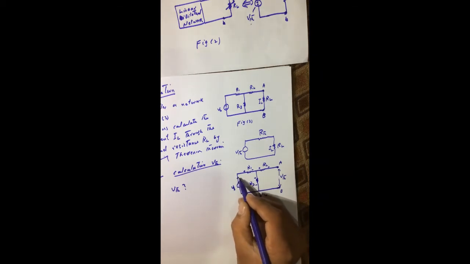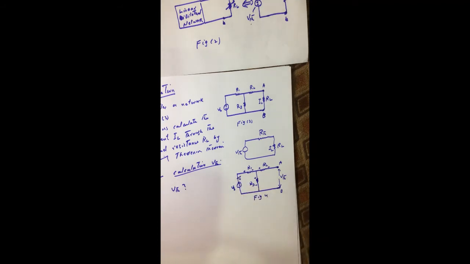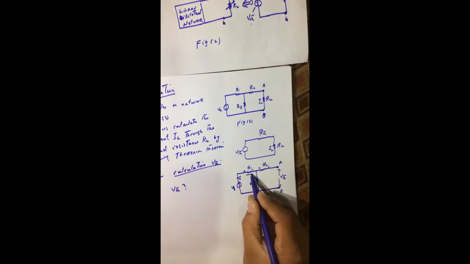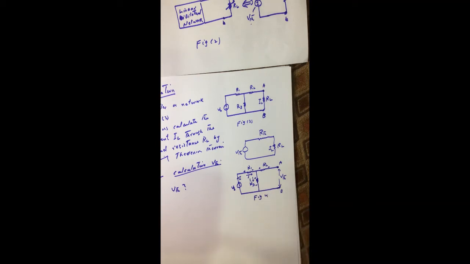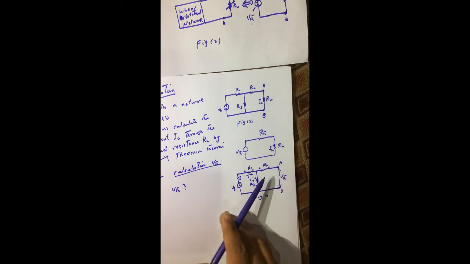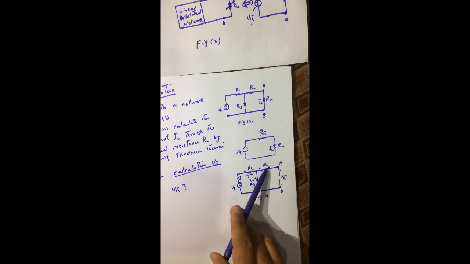Suppose this voltage source produces current I. Let's suppose this current first flows through R1 and then through R3, because the current cannot flow through R2 because this terminal is open. So there is no voltage drop across this resistor R2.